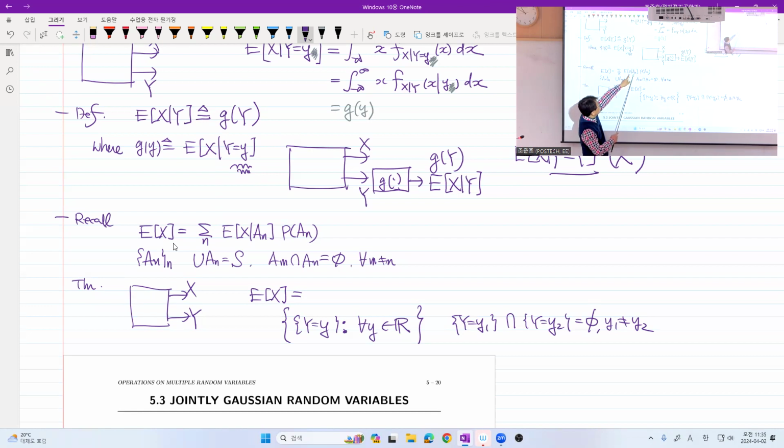Now let's put it here. Means we want to do something like this. Now, as motivated by our old friend, what do you want to do? Unconditional expectation equals the value times probability, now density.